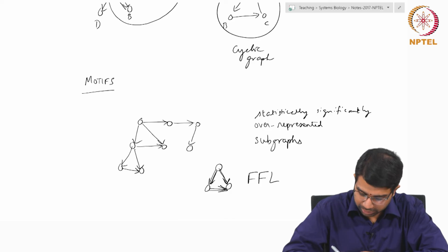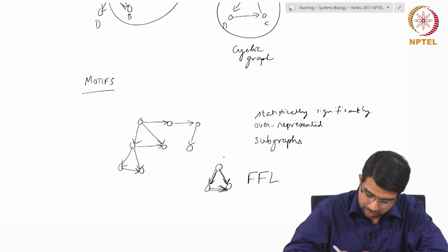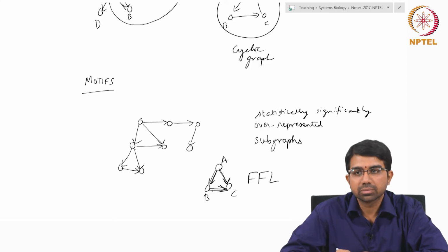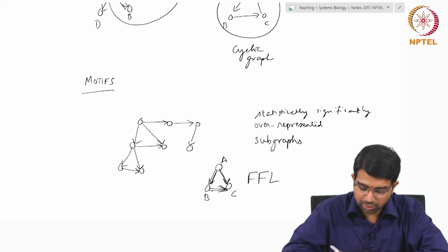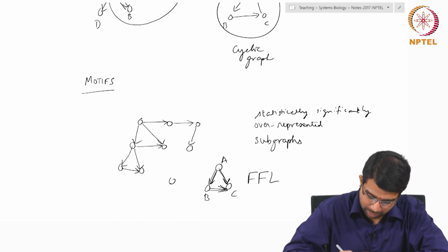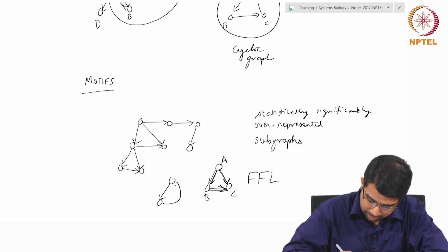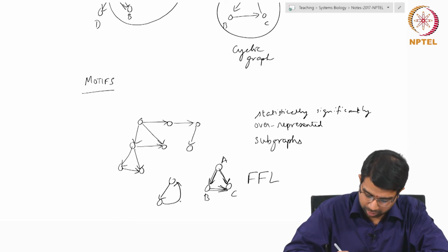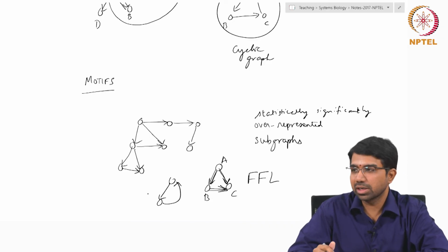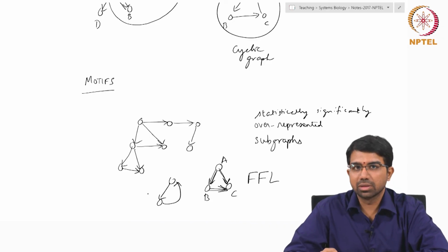So, A is already feeding forward to C. You can have a feedback, that is like a more classic thing. So, you have something like this or through another node and so on. There are many different kinds of motifs. We will look at it at a little later stage.